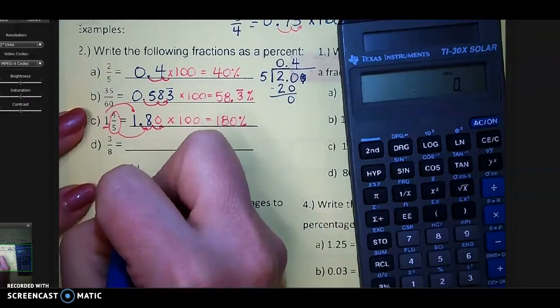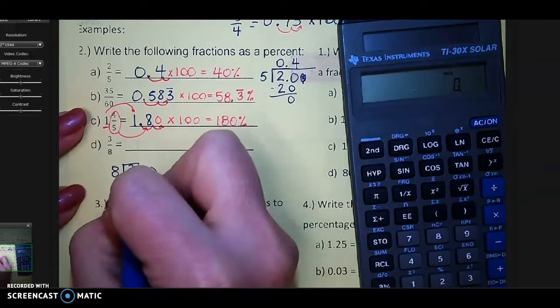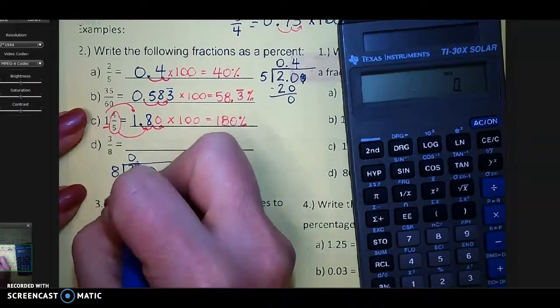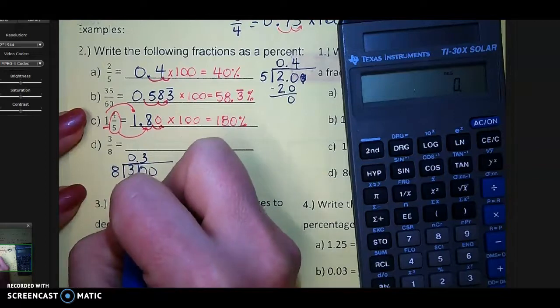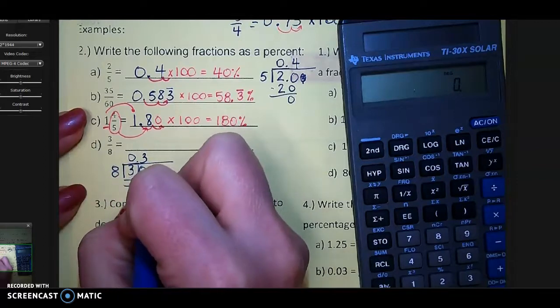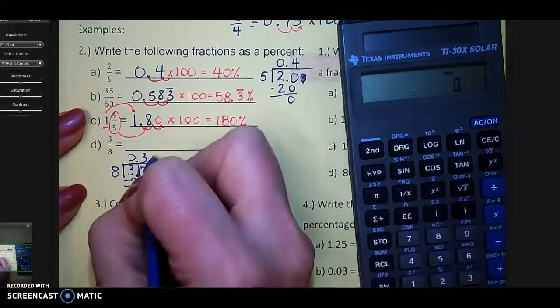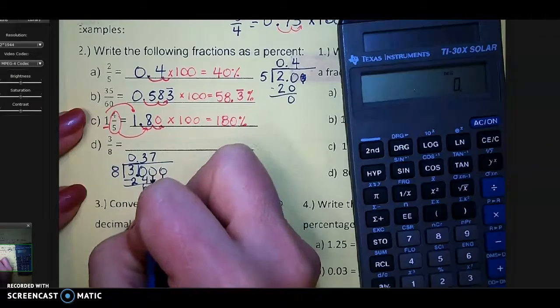3/8, I'm just going to demonstrate by hand again here on this one. And I can't go into 3, so I go into 30. So 3 times 8 is 24, I get 6 and 0. I bring down that 0. How many times can 8 go into 60? Well, that's 7 and 56. I get 4, so I bring down another 0.